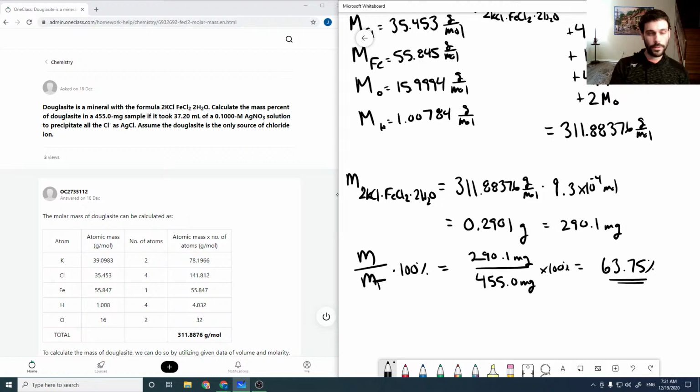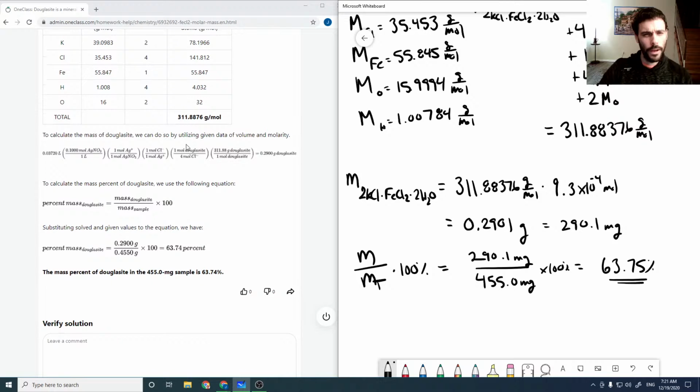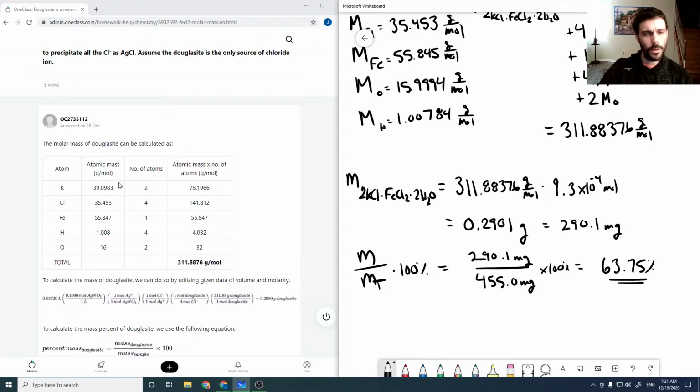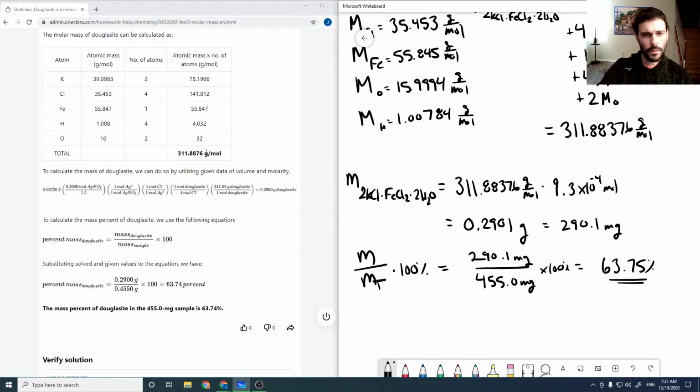So there's our mass percentage of Douglasite in our 455 milligram sample. Okay, so we need our molar mass, which they solve for similarly. Comes out a little different because we use a little different molar masses, but that's okay.